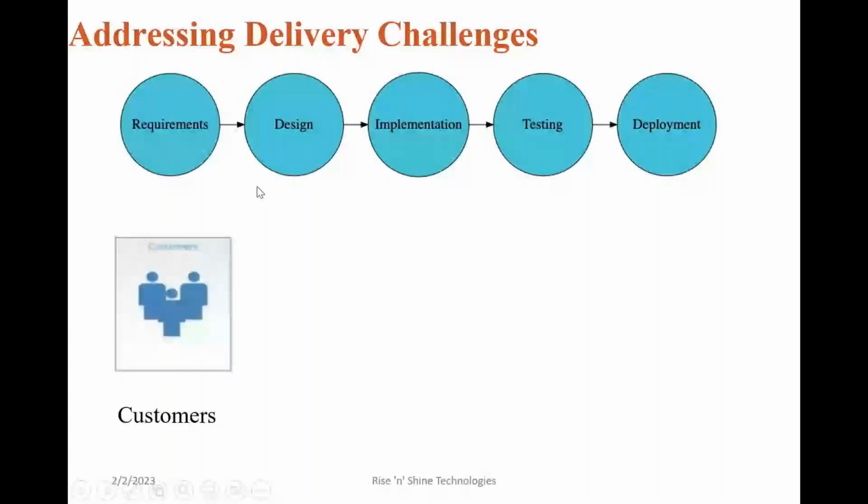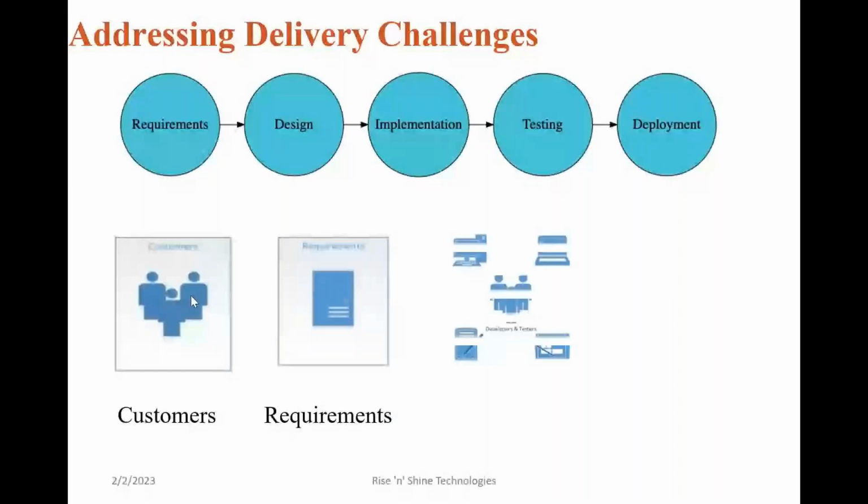Customers give the requirements, and the requirements get understood by the development teams and testing teams, right? The development team should understand the requirements and work on the implementation side. And the testing team needs to evaluate the requirements and implement the test cases to test the application which is being implemented by the development team.